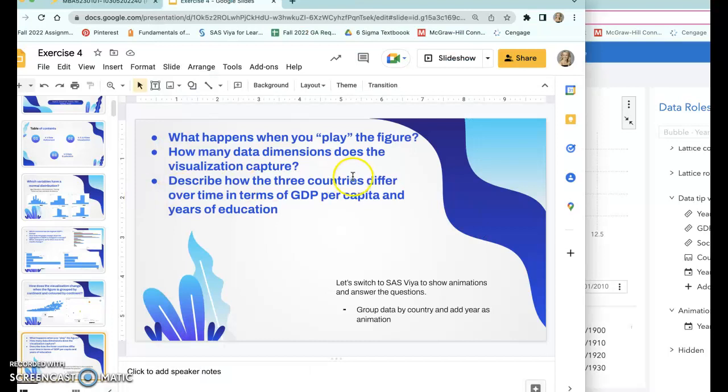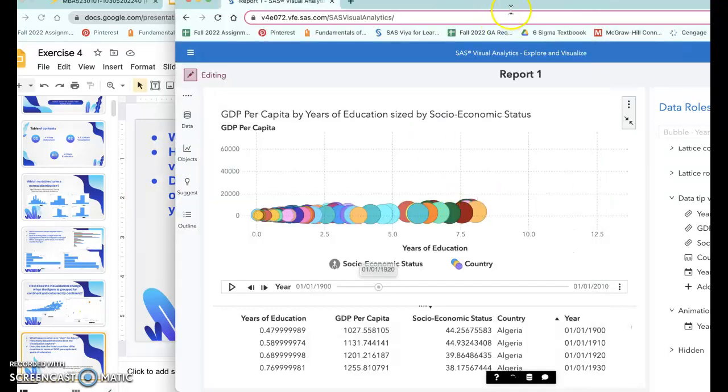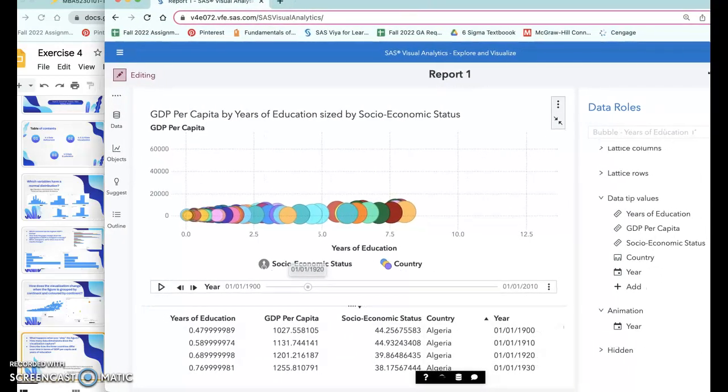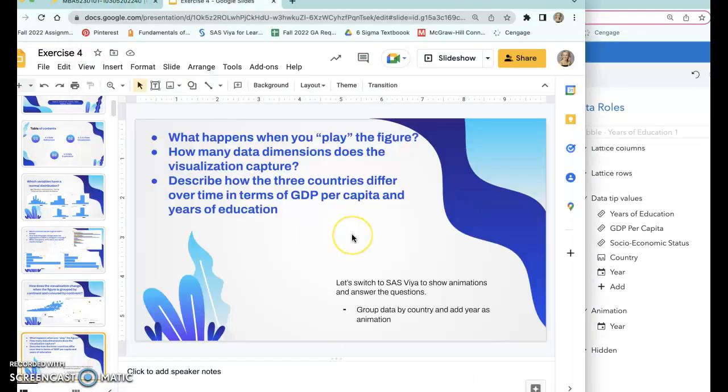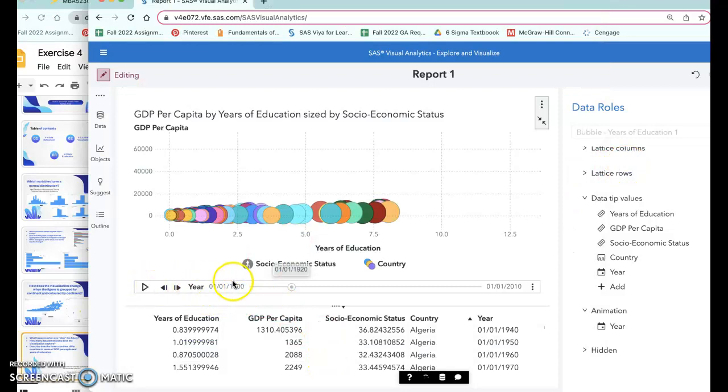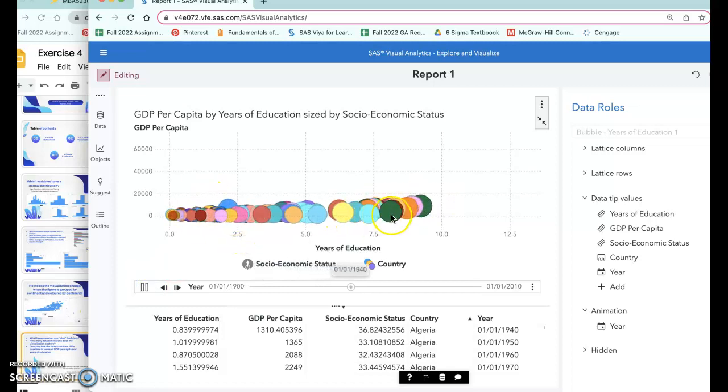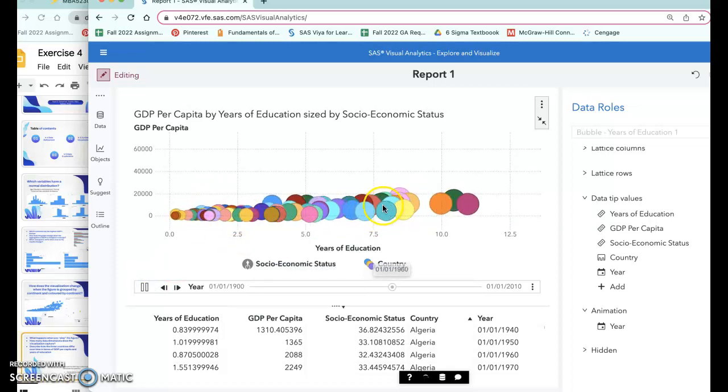Describe how the three countries differ over time in terms of GDP per capita and years of education. So there are lots of different countries. But as we can see in this, they change significantly over the years, drastically.